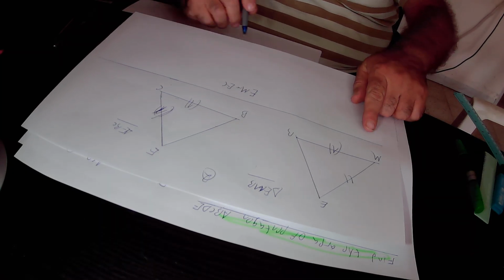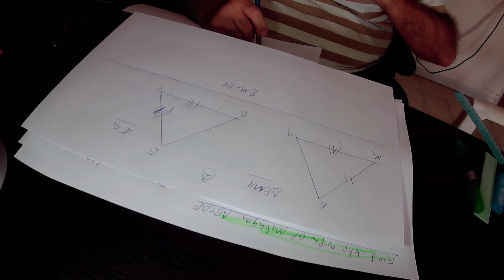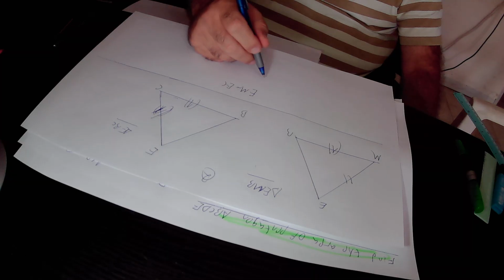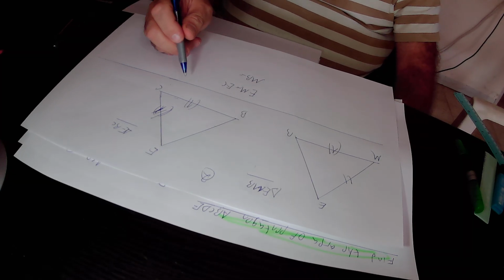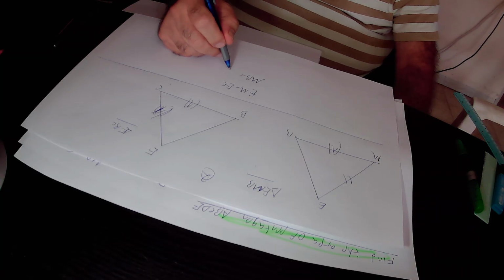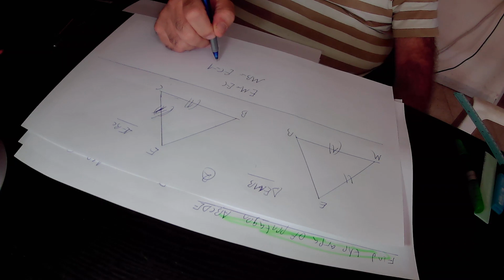In addition, side MB in triangle EMB equals side BC in triangle EBC. They are both equal to 1 and therefore they are equal to each other.